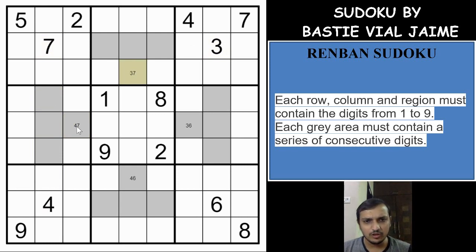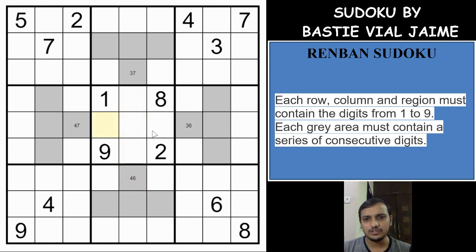So we got 4 digits pencil marks here, and if you look properly, if at all you have a 4 here, right, because of the center box, you cannot have 4 in these 3 cells.